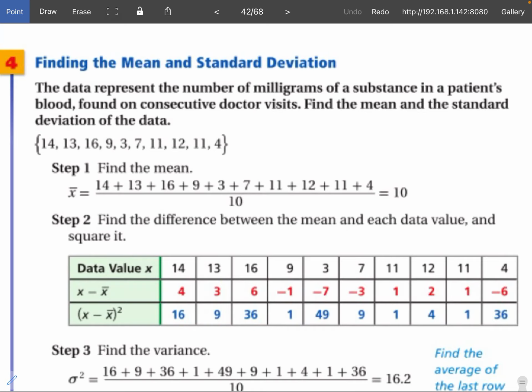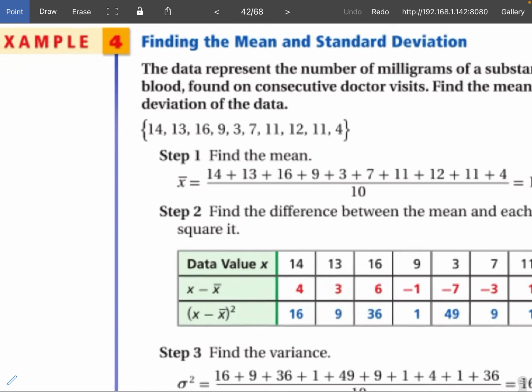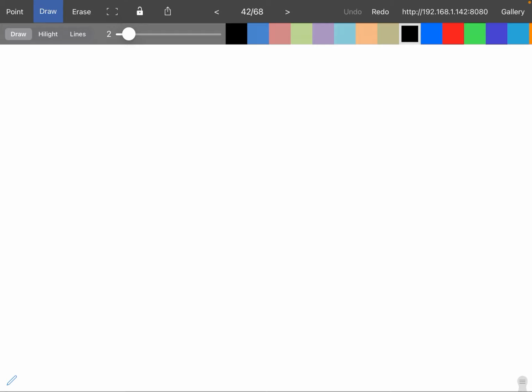But now let me come over to the side and make this chart and explain to you what it means. Let's make sure I can see this in my book. All right, so over here, we're going to try to make this chart. So I'm just going to write the data values again.